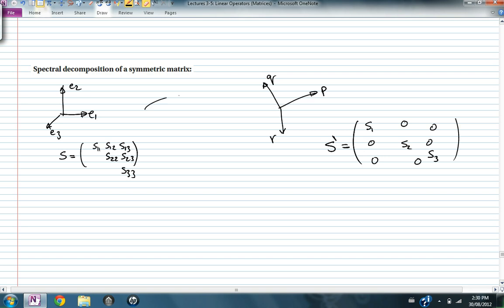And of course we know that there's a translation matrix here that's equal to Q, as we studied in the previous part. Now the question is, what is this coordinate system and how can I find it? So given a symmetric matrix, what is the coordinate system in which this matrix representation is diagonal, and what is this Q?